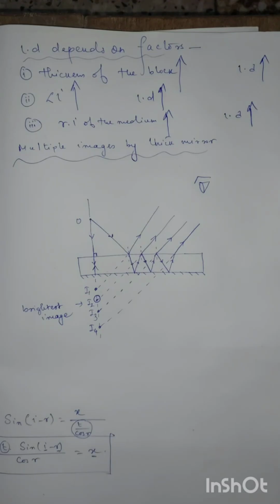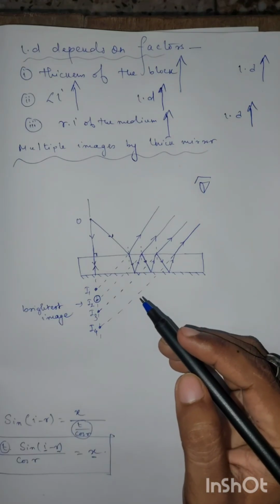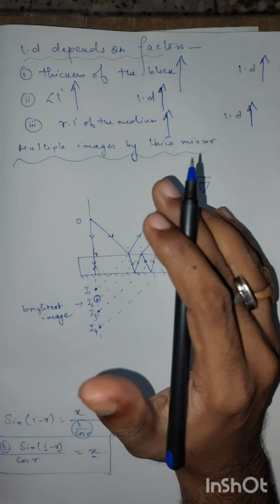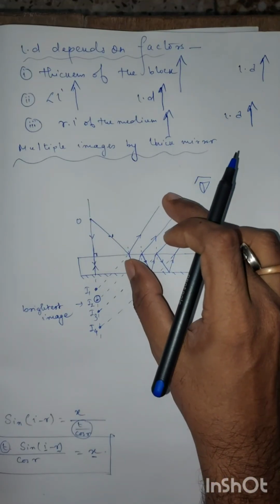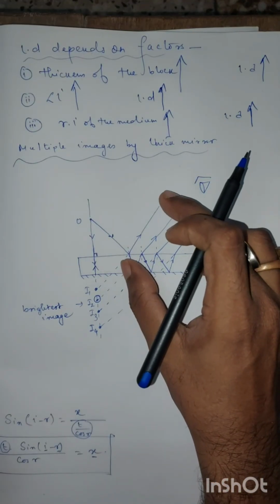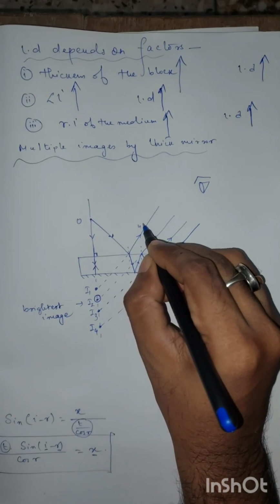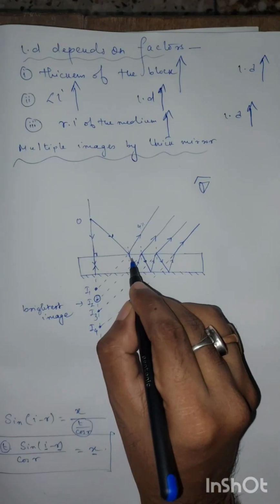When the light ray comes obliquely, nearly 4% is reflected in this direction, and 96% is refracted.